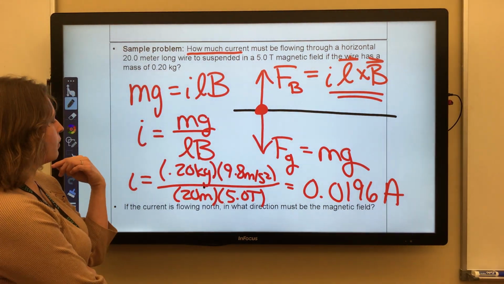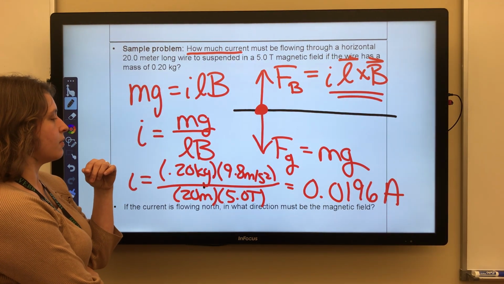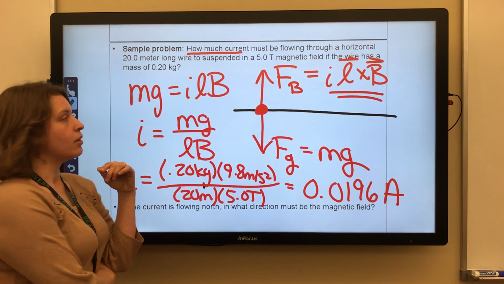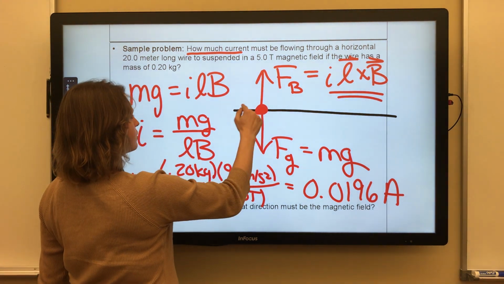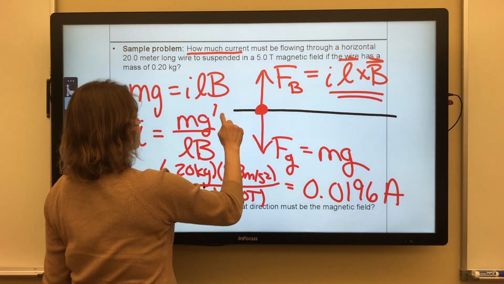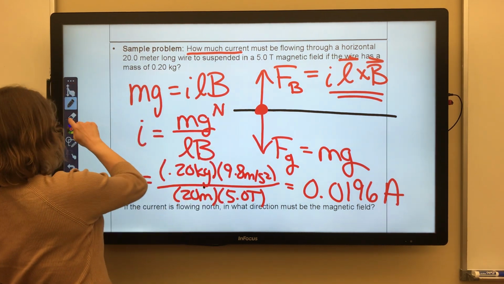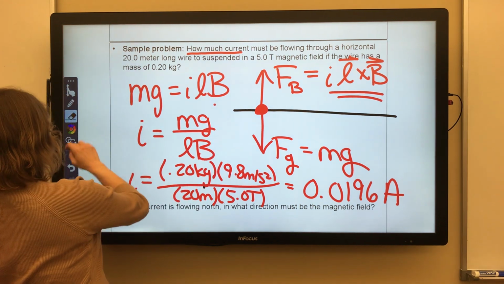If the current is flowing north, in what direction must the magnetic field be? So if this is north, and this might be a little bit tricky because now I guess, swapping around the direction of, here, let's do it this way.